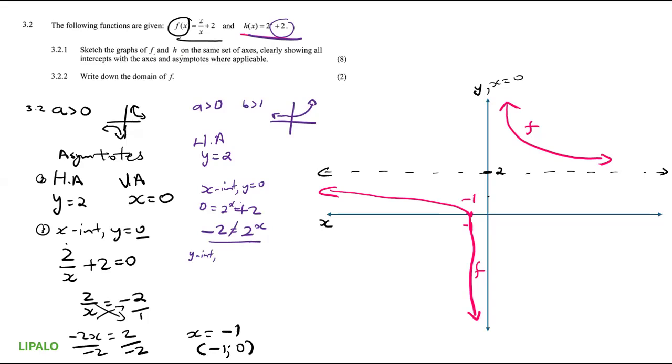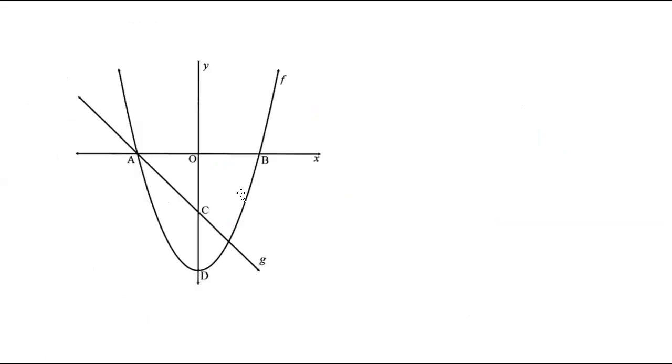Why is this not true? Good question. Let's go to algebra. Here we are looking at the earlier question. Negative 2 is equal to 2 exponent x. This cannot be true. Why?